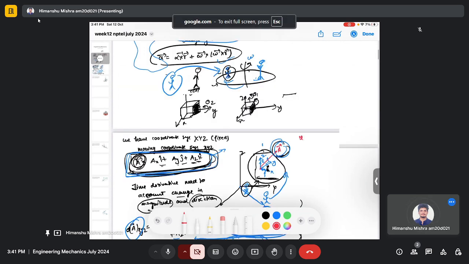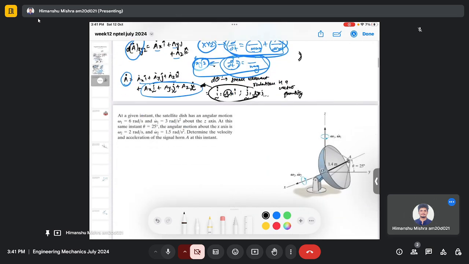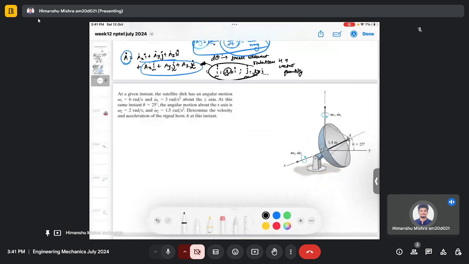So let's move to the first problem here. In this problem we are given that, at a given instant, the satellite dish has an angular motion omega 1 equals 6 rad per second and omega dot equals 3 rad per second squared about the z axis.